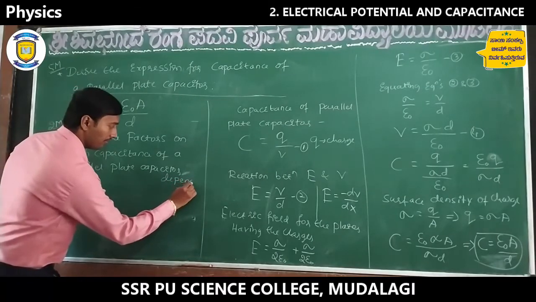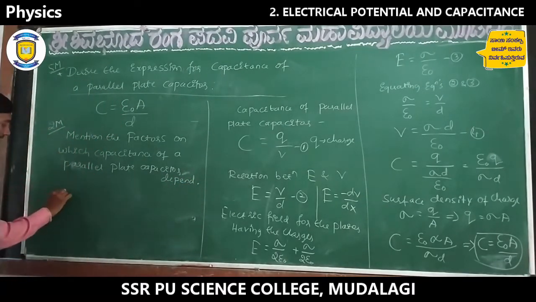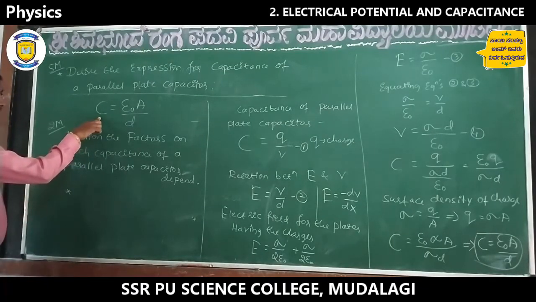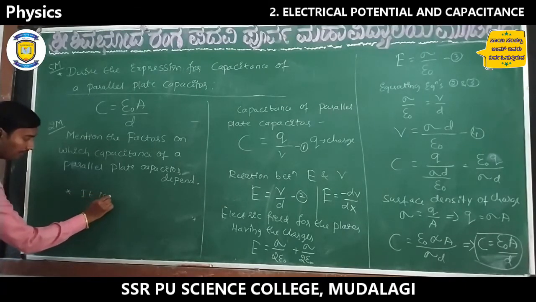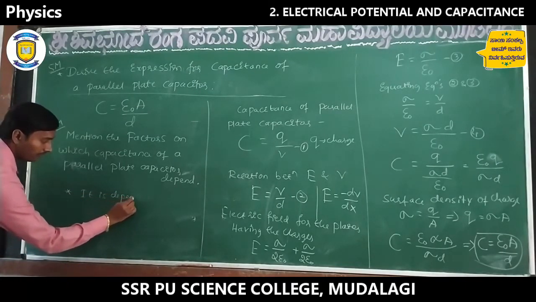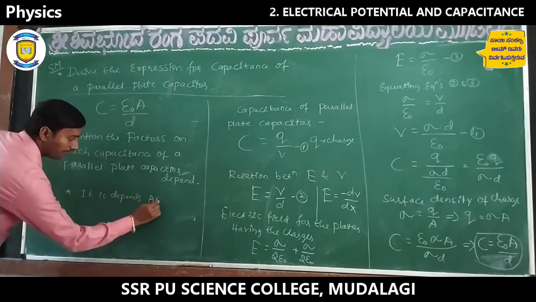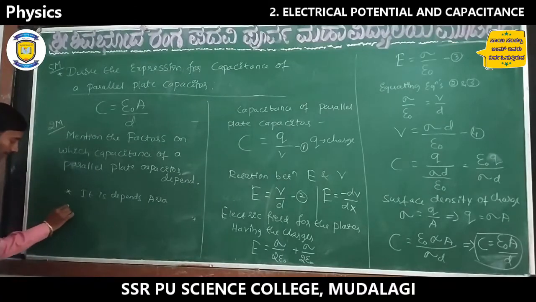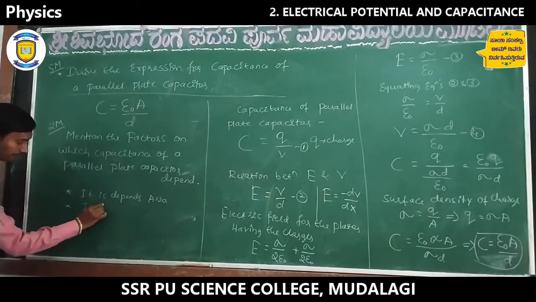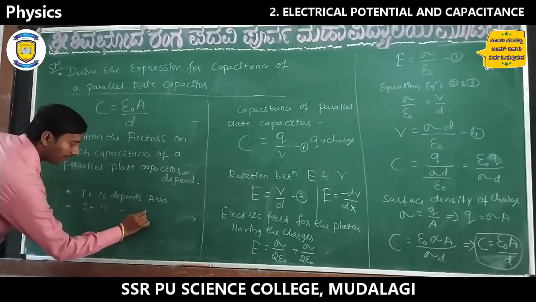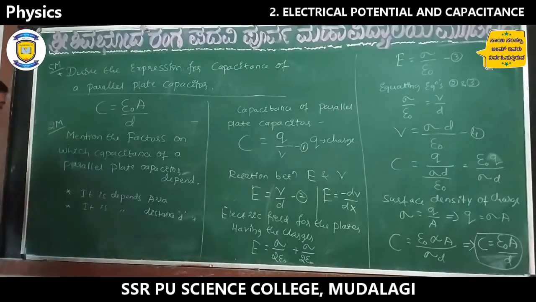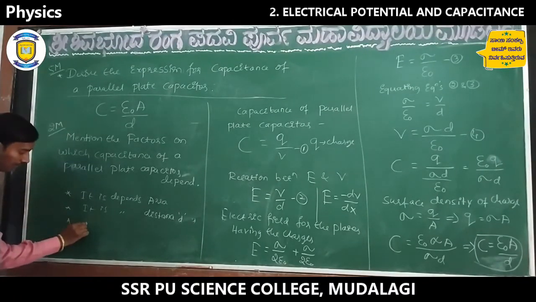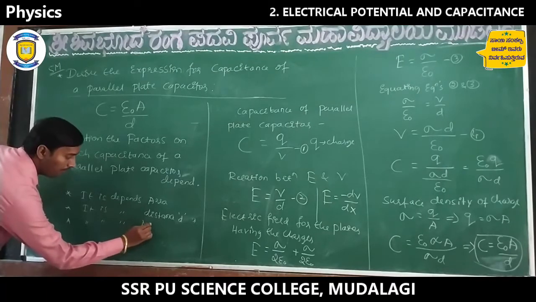First factor: the capacitance depends on the area of the plates, correct, and it depends on the distance d between the plates, and also it depends on the nature of the medium, meaning absolute permittivity.